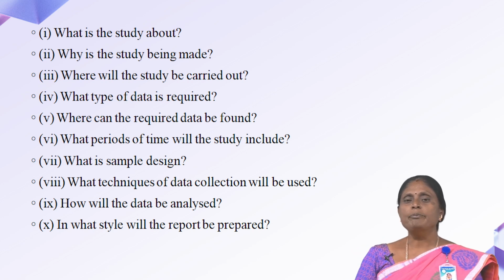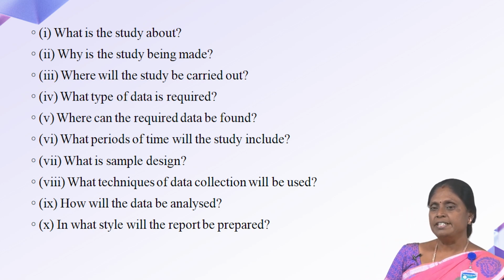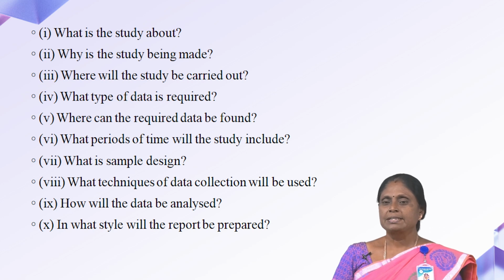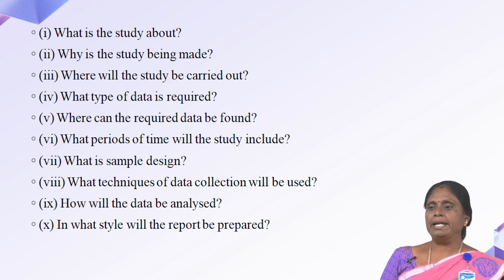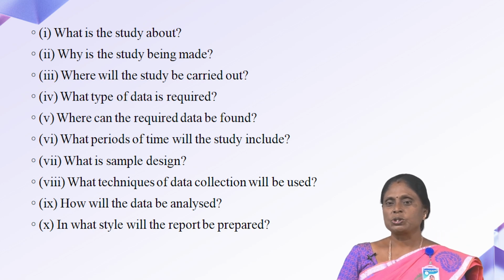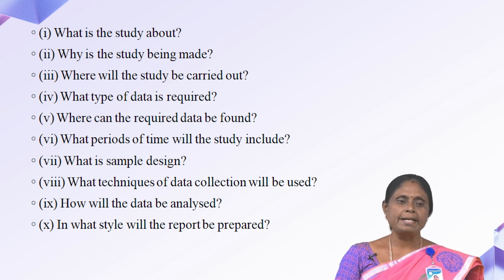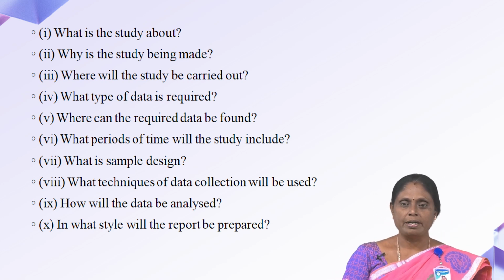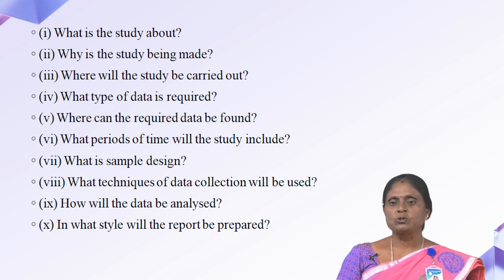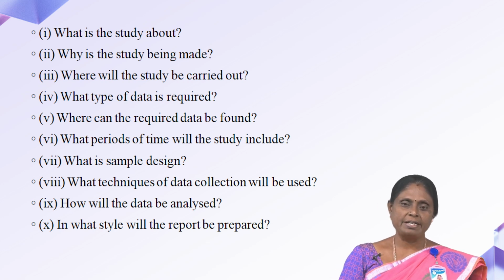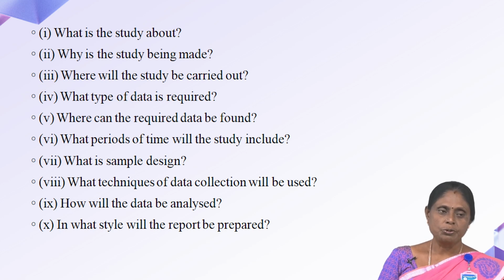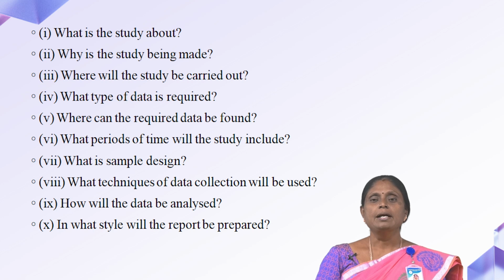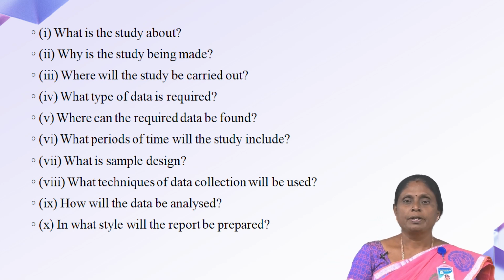Next, what will be the sample design? What type of sample is collected for the data analysis, and what techniques of data collection will be used? Another one: how will the data be analyzed? What techniques do we use to collect and analyze data? Next, in what style will the report be prepared? These are the various questions related to the research design.